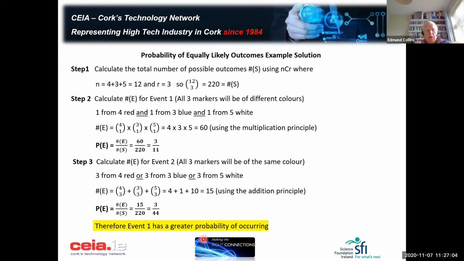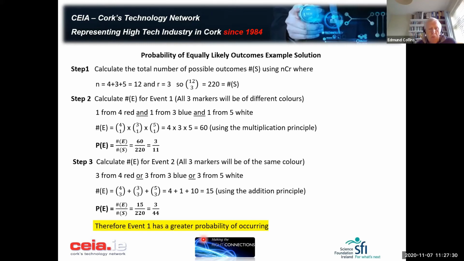So again, you use common sense, your experience in the real world, when you get a solution. If your calculation had said that the probability of the second event was more likely than the first, well then again you should go back and check, because in the real world that wouldn't be the case.